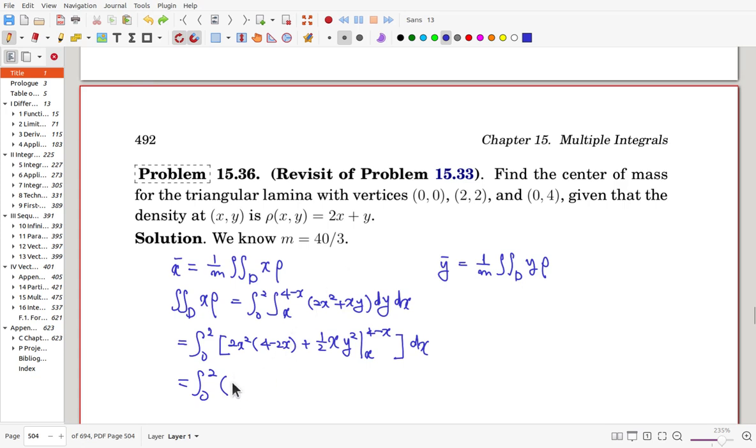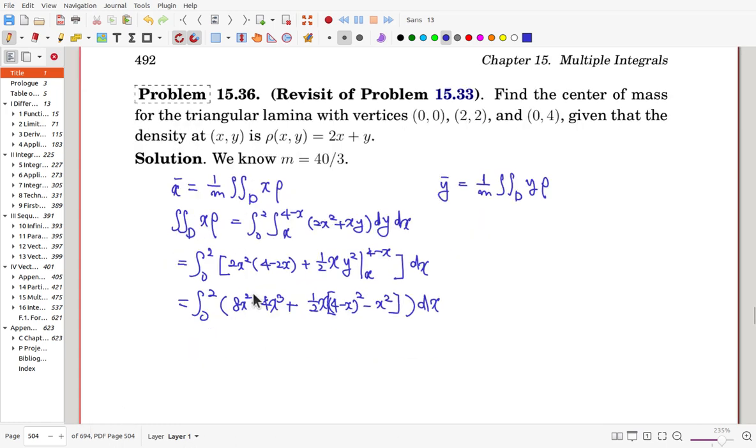That's 8x squared minus 4x cubed, and then here half x and y squared, so half x and 4 minus x squared, and minus x squared. Now dx. Algebraically, it's a little bit complicated. However, it's doable.